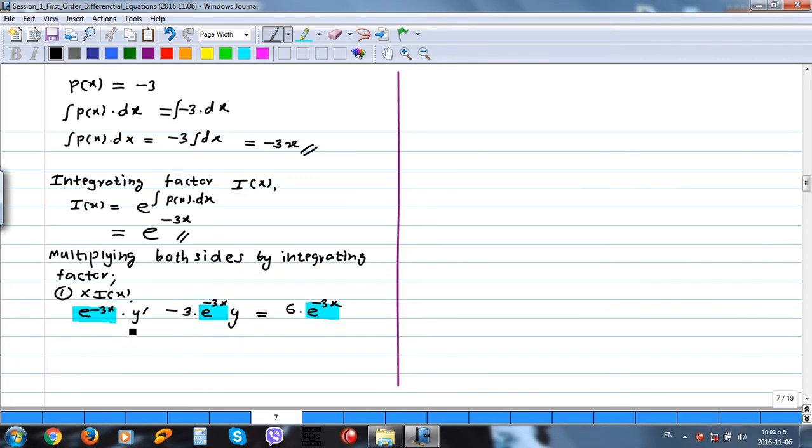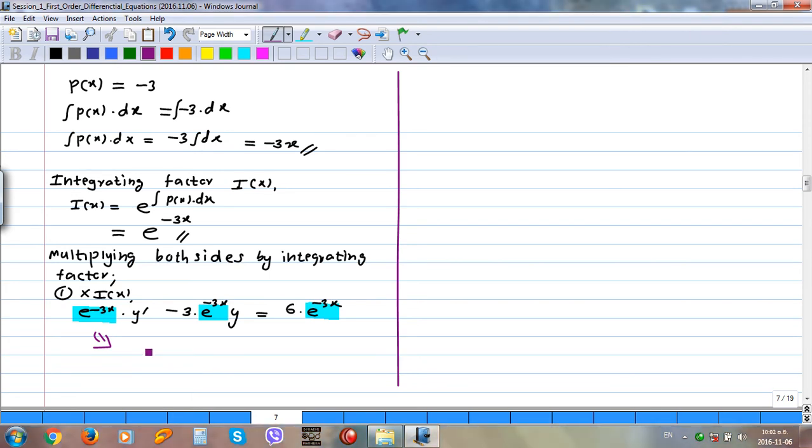Okay, look at this one then. Before that I will take this one, y times e to the power minus 3x. So I am going to differentiate this. I am taking f of x equals this one.